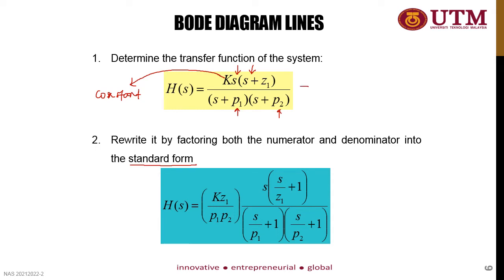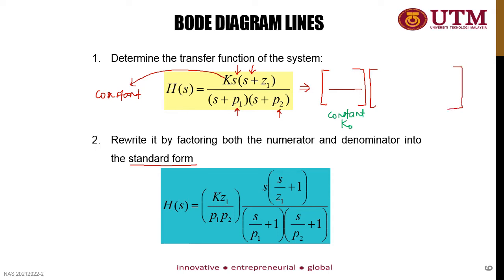It consists of two main components. The left hand side, I call it the constant k naught, and then on the right hand side you have the s components equation.